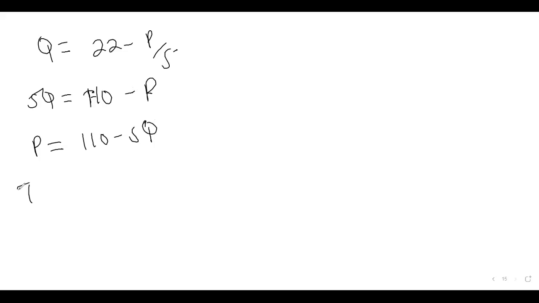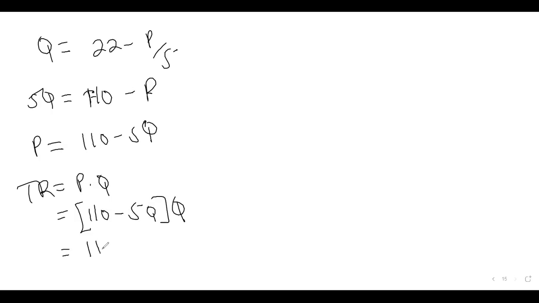Total revenue is price times quantity, so we have 110 minus 5Q times Q, and this gives us 110Q minus 5Q squared. That is the total revenue.